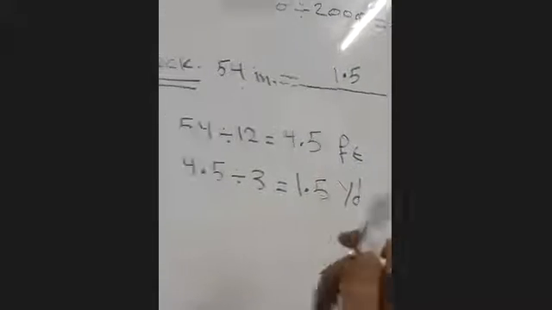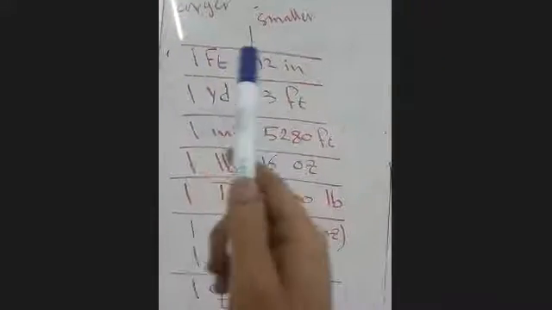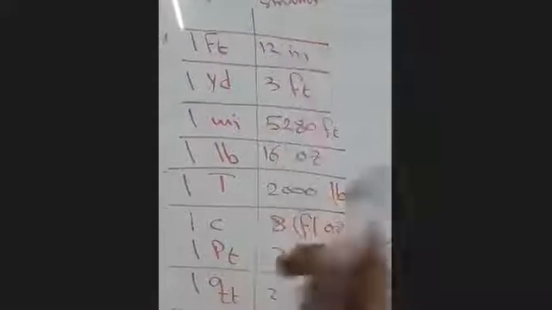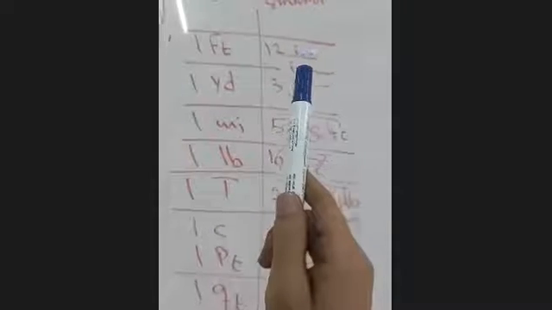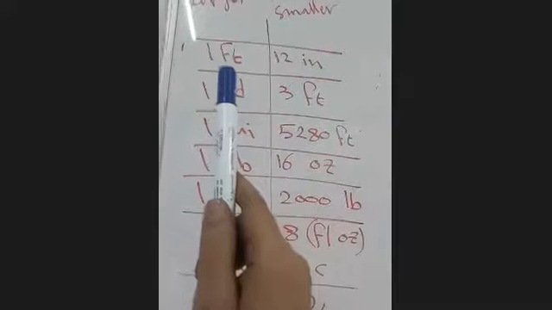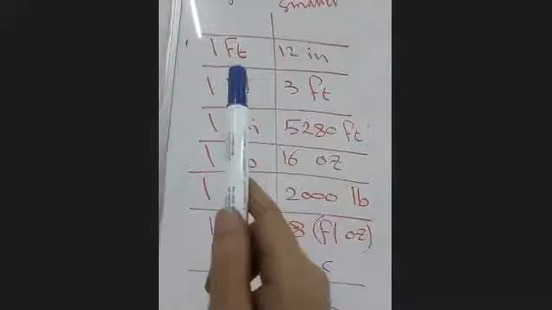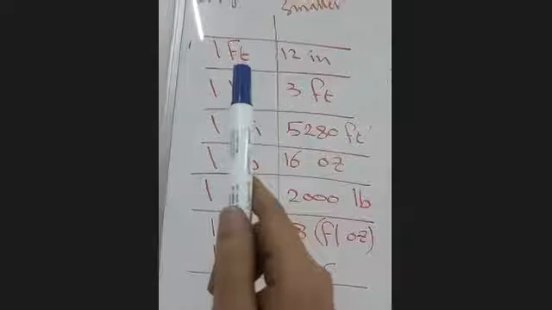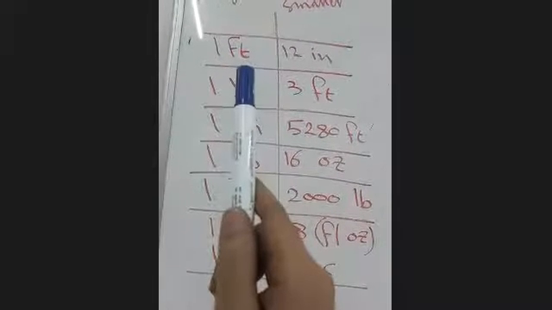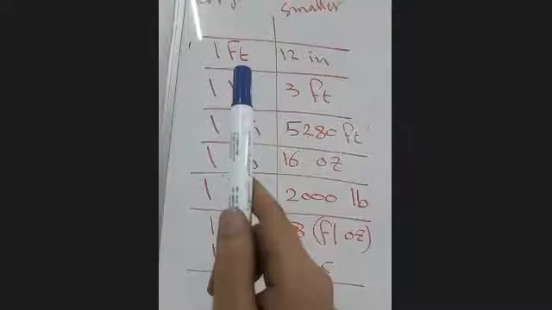Yards. Right. Do I have a direct relationship here between inches and yards? No. This is the inch. I can turn it to feet, right? Yes. How do I turn the inch to feet? We go to the question: 54 divided by 12.